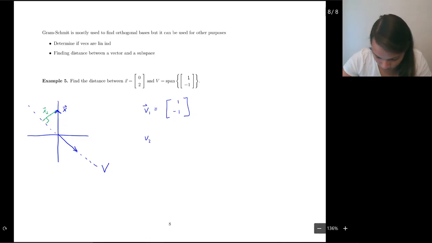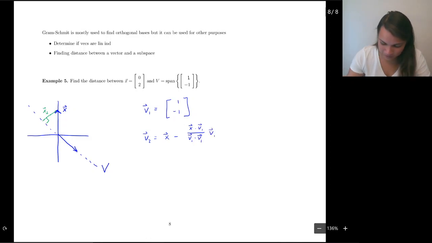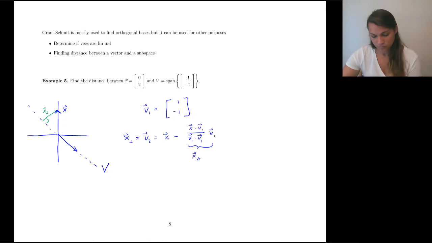So then V2 is going to be x minus x dot V1 over V1 dot V1 times V1. Remember, this is just the part of x that is parallel to the subspace. And then V2 would then be the perpendicular part.